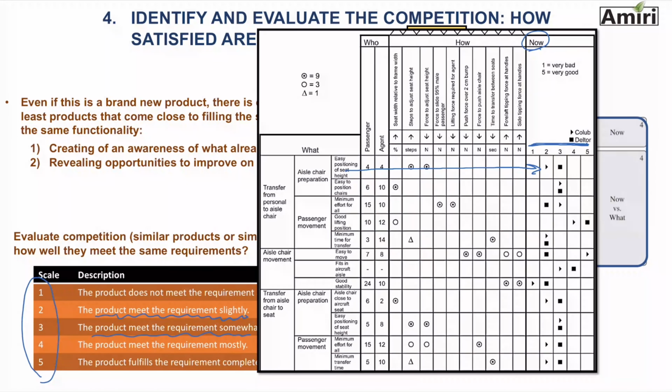So those are what the symbols mean in this table, and you can go through the table. Some of them you can see both got a score of 2, or both got a score of 3 here, and so on. So this is what that section of the QFD and those symbols mean for competition and benchmarking.